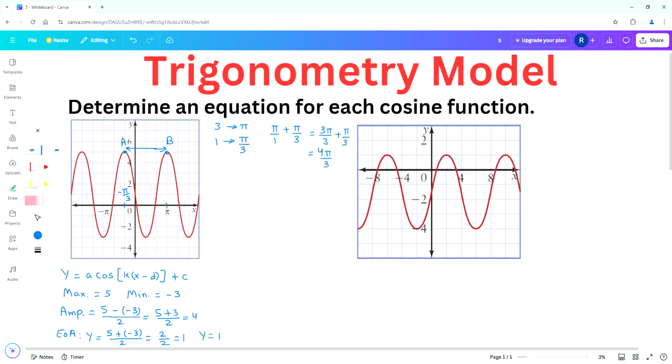Now we can find the values of a, k, d, and c for this function. For this given graph, we can use positive cosine function. So a value will be equal to the amplitude, which is 4. For k, we can use the formula for period. The period is 4 pi over 3. We can simplify this expression by writing it as a division statement.